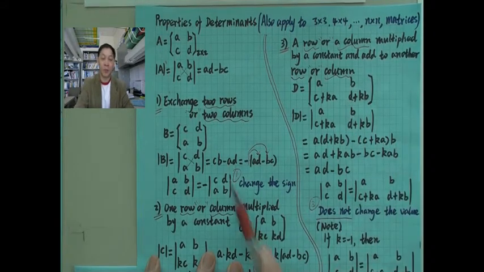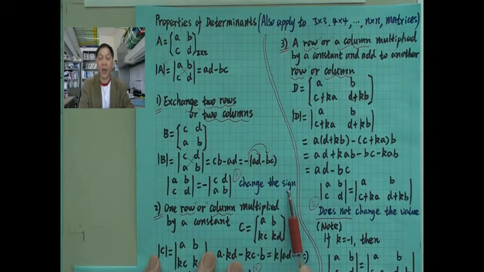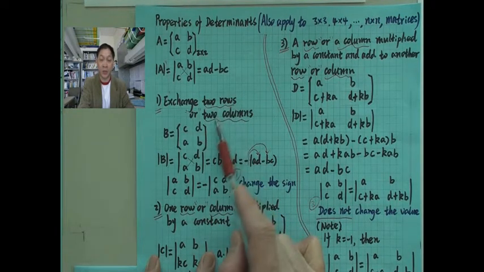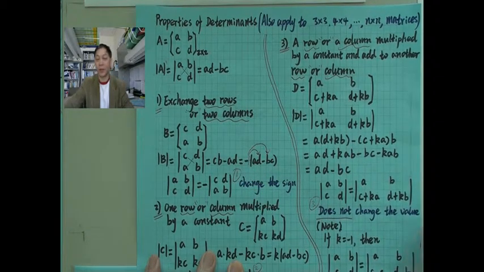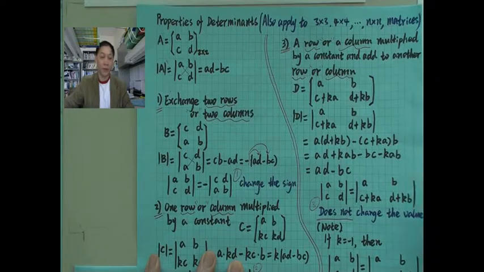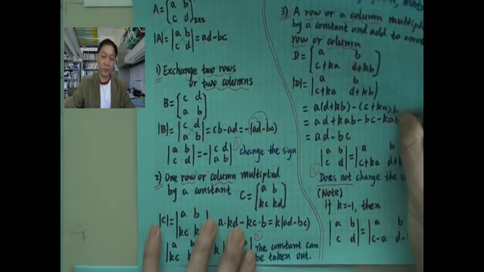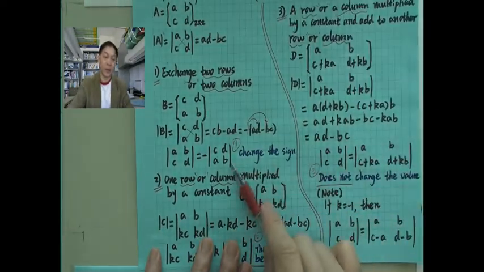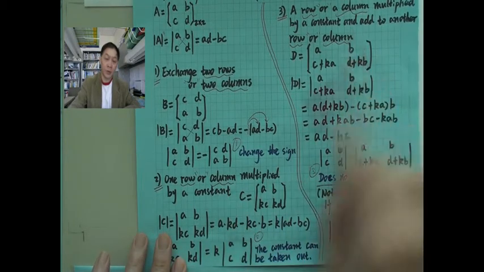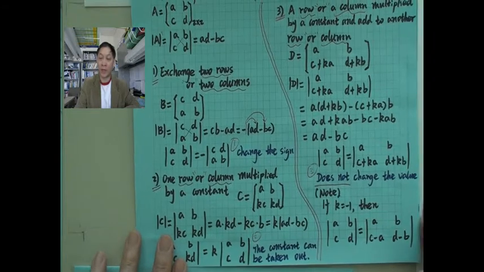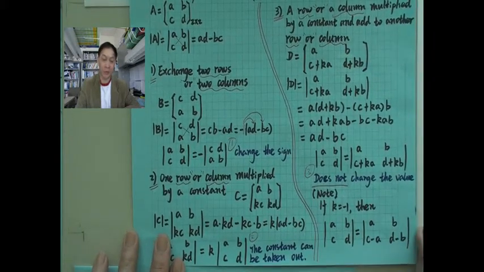That's it. So property 1: the rule of changing the sign comes from exchanging two rows or two columns. We'll have examples later on. Let's do another two properties. After that, we do some examples.